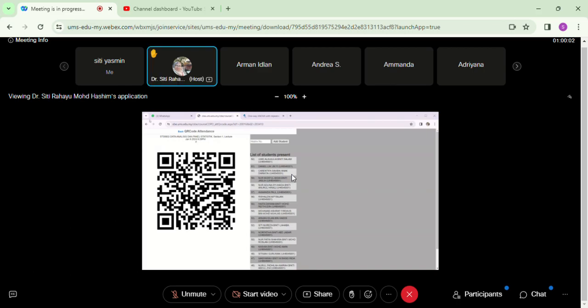Okay, semua sudah scan attendance ke? Saya nak bagi kawan kamu yang lain pula scan.